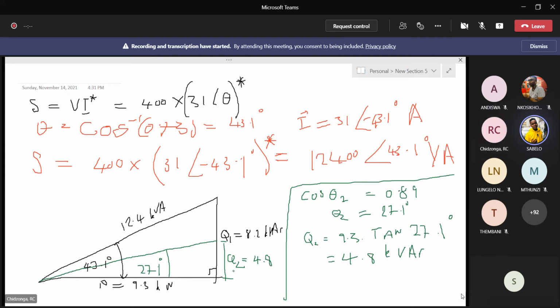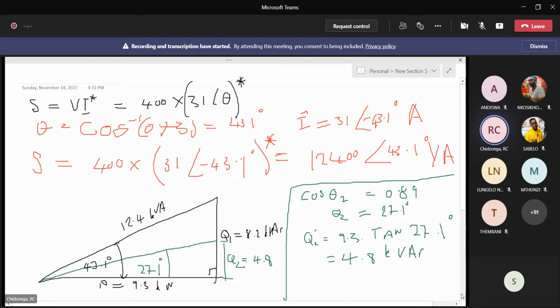Because cosine 0 is 1, but cosine 90 is 0. So when you want to improve power factor, you must get the angle smaller. The direction of improving the power factor is decreasing the angle.